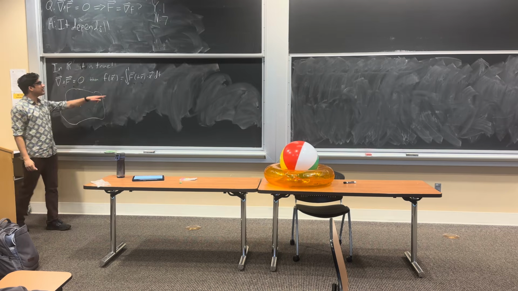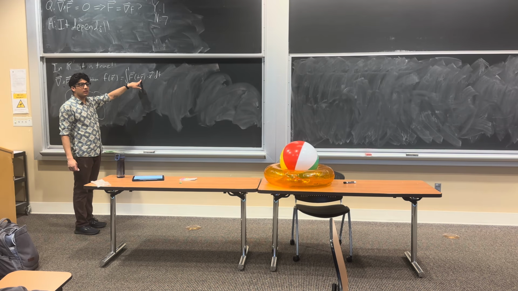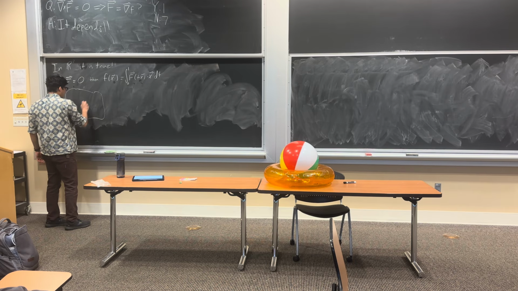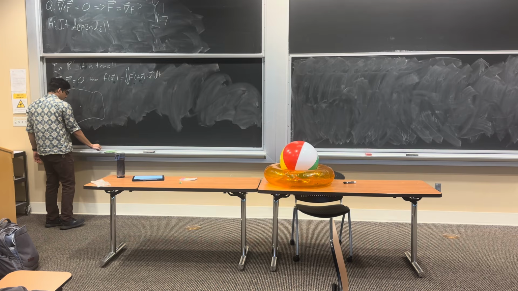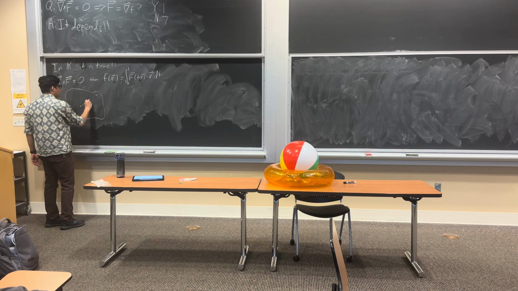And you can see why you need that assumption, because I'm integrating from 0 to 1. I need to be able to go from 0, f(0), to 1, which is going to be f(x), and x is the point which we're at. So if this is like the origin, the 0 point, and I want f here, I need to be able to draw a straight line from here to here.